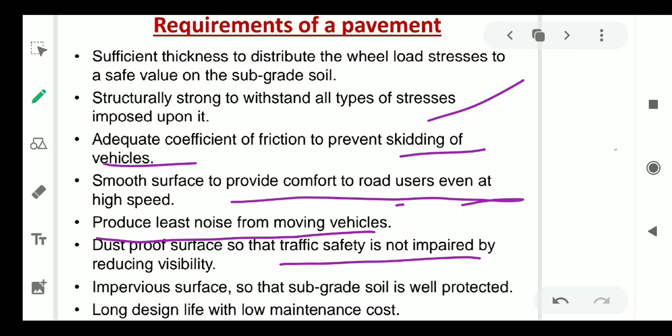And the last one, long design life with low maintenance cost. It is the point of economy.